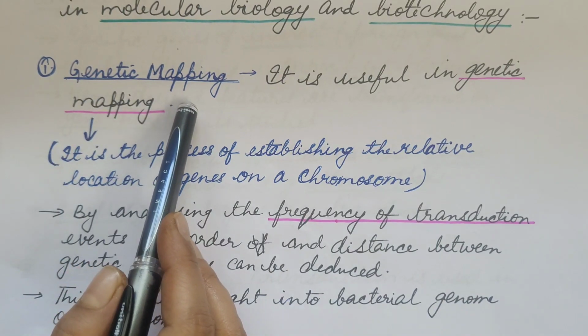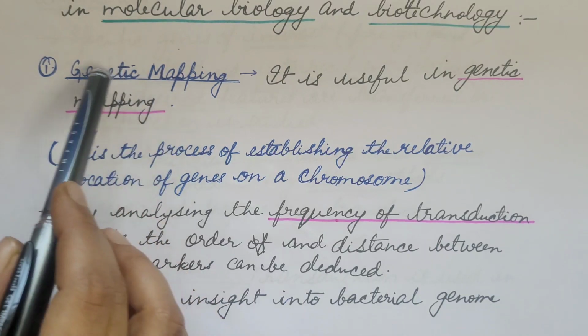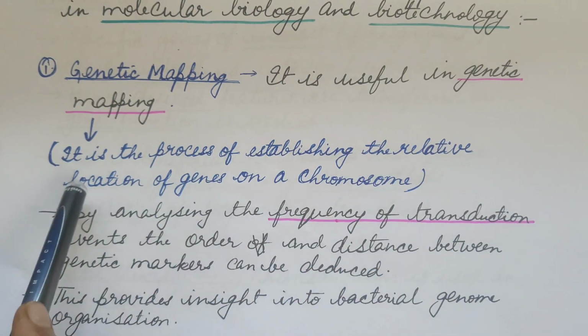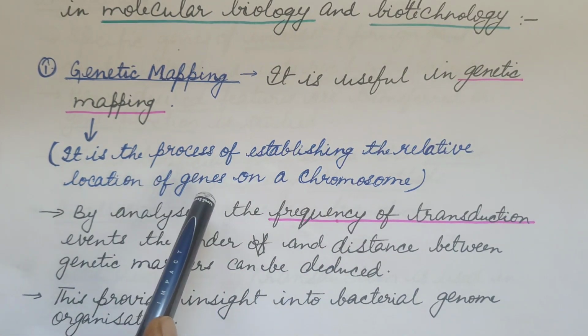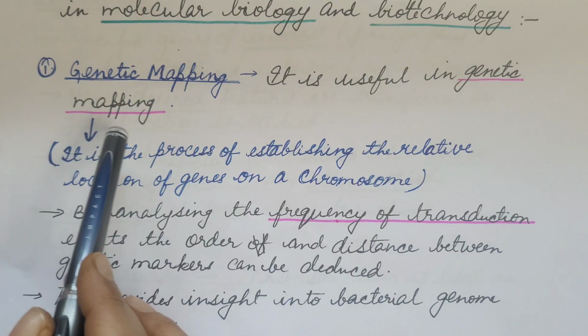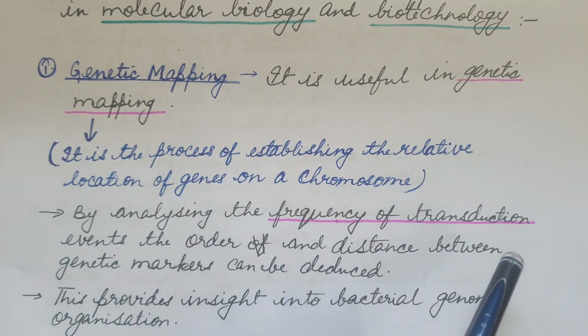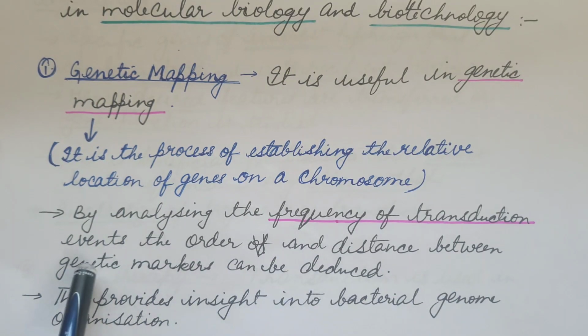First is genetic mapping. It is useful in genetic mapping. Genetic mapping is the process of establishing the relative location of genes on a chromosome. So, the location of genes on a chromosome is established by genetic mapping. By analyzing the frequency of transduction events, the order and distance between genetic markers can be deduced.